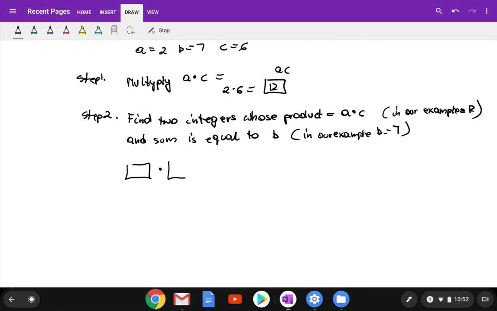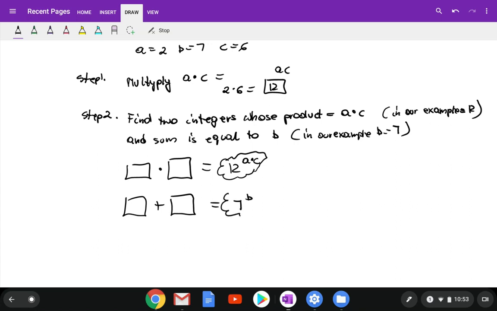Let's find those two integers which by multiplication equal 12. That's our AC. And find the same two integers which by addition will give you b. b is equal to 7.